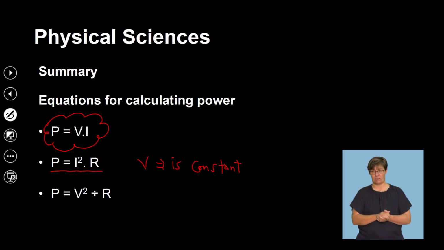Okay, so in this case, P is equal to I squared R. It says to us, V will be constant. So either the power rating will depend on the current or the resistance. Sometimes we would represent this as P is equal to V squared over R. It doesn't matter which formula you use, it will definitely give you one and the same thing, all right?